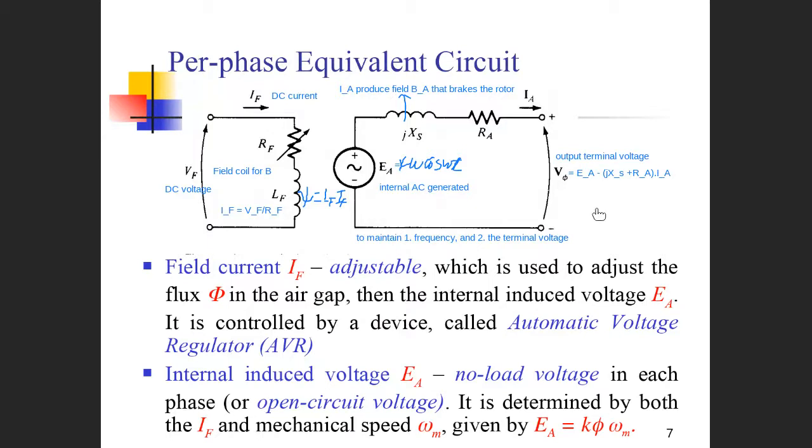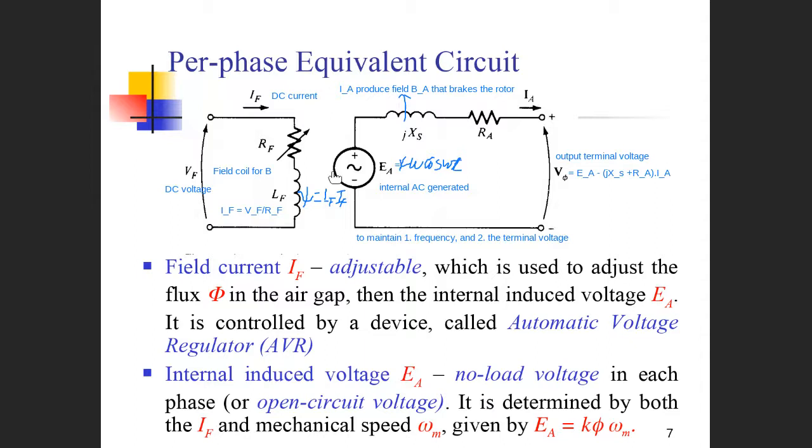If the output terminals are open, we call it no load. Then the no-load internal generated voltage changes against the field current IF based on the internal inductance LF.